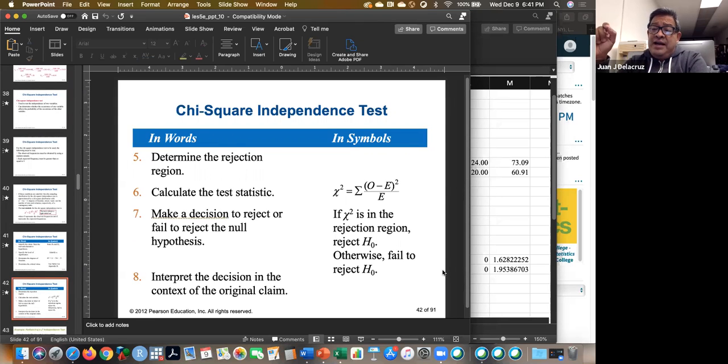Once we find the level of significance and the degrees of freedom, we are going to be able to find the rejection region. We calculate the test statistic using the data that we have, and then we compare these values. If chi-square falls in the rejection region, we reject H naught, otherwise we fail to reject.